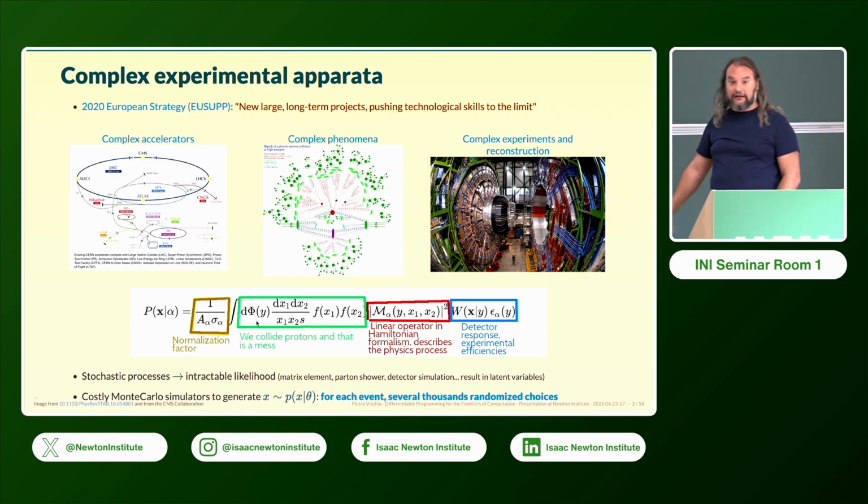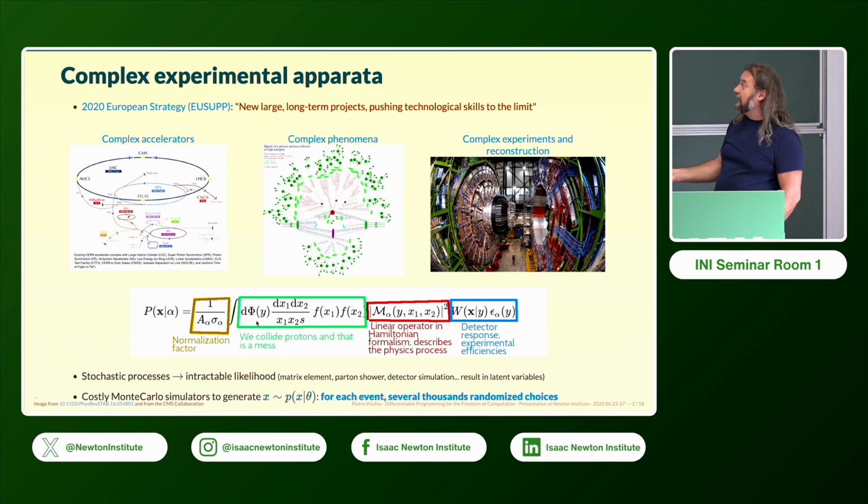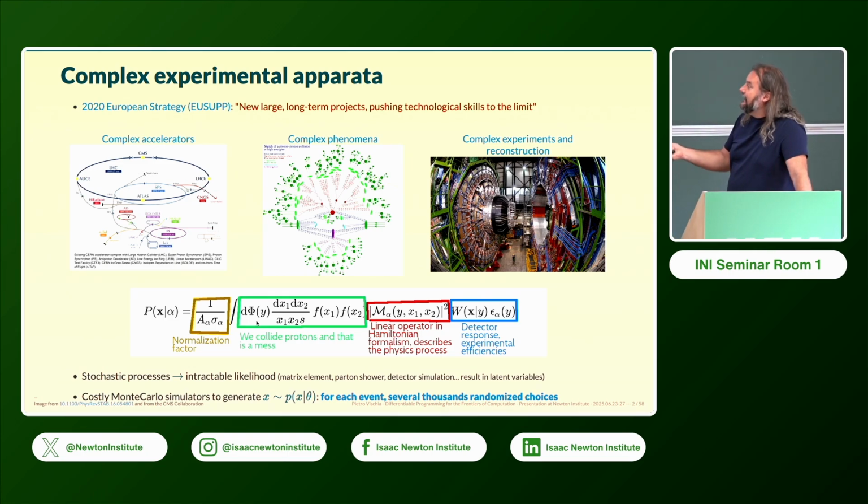We have models that are highly stochastic, so we know very well how to sample from them, but the likelihood is intractable. So if you want to invert them to make inference, you simply cannot. To give you an idea, each event results in several thousand randomized choices when you produce a Monte Carlo event.